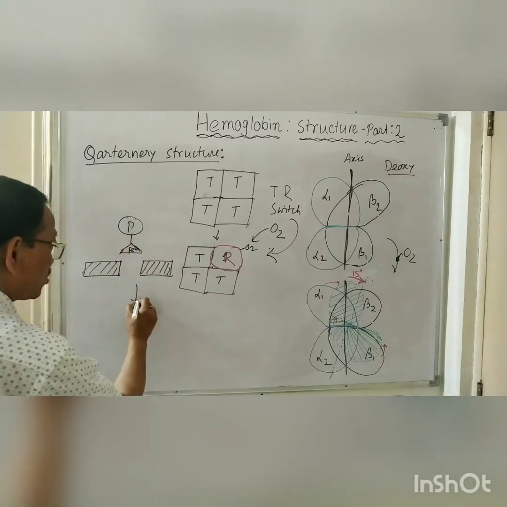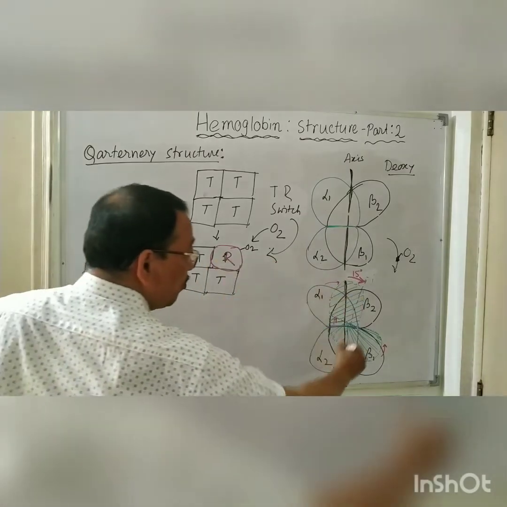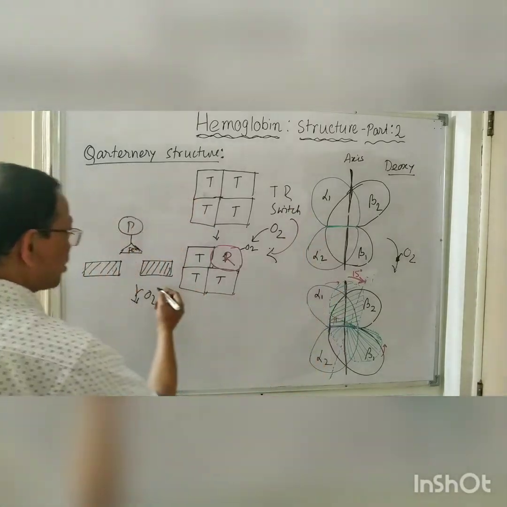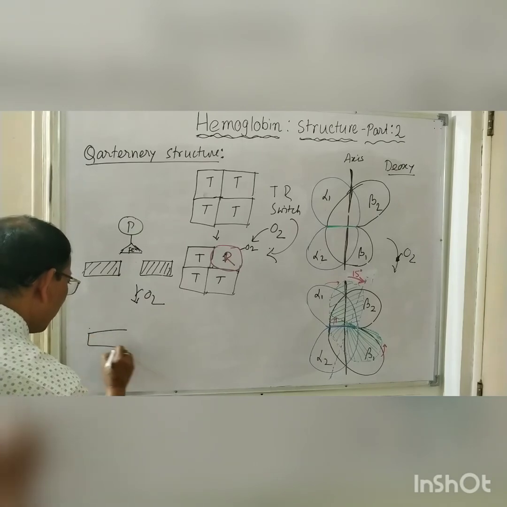So once the oxygen binds with this, what happens? Because of this movement, because of this tear switch, the ferrous ion will now come into the plane of the heme ring.